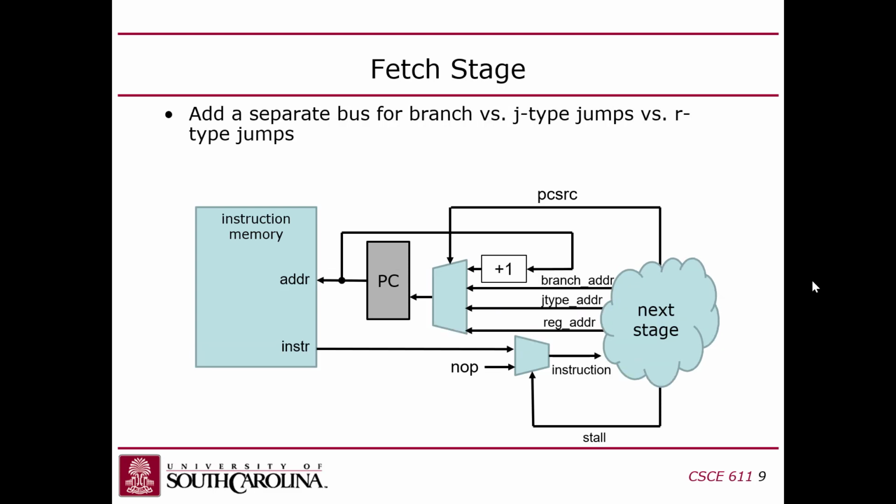And then to add a little bit more detail, we've actually got 3 possible branch targets depending on which of the instructions we're executing. So the branch address, the JType address, and the reg address. These names are mine. I came up with these myself. The idea is that there's 3 different ways you can calculate where you want to go.